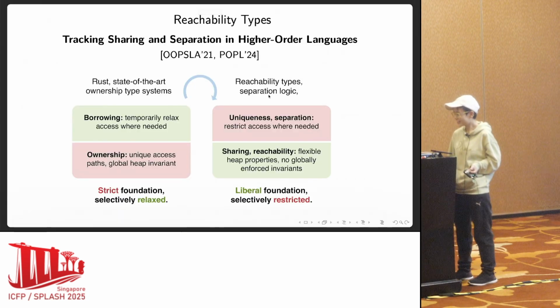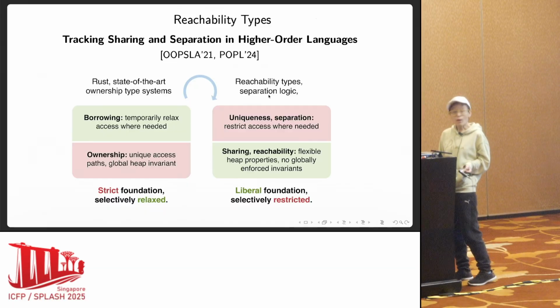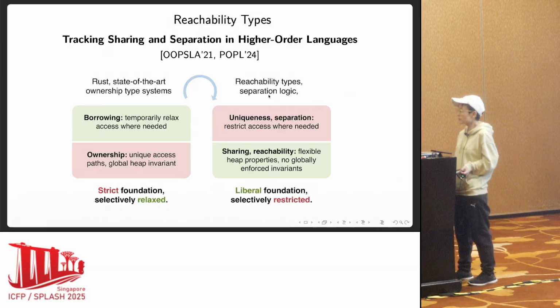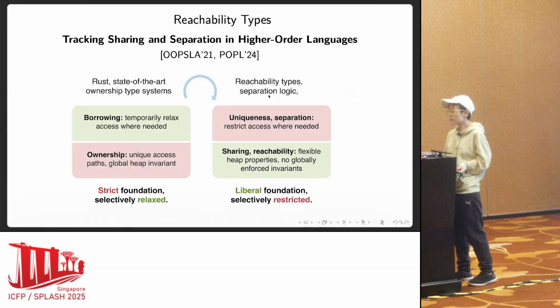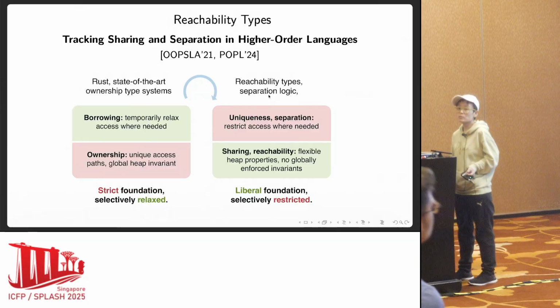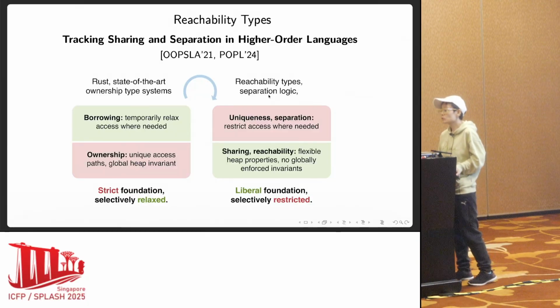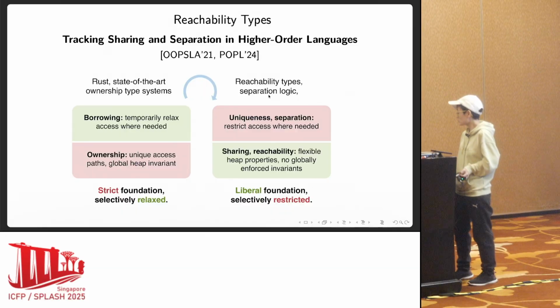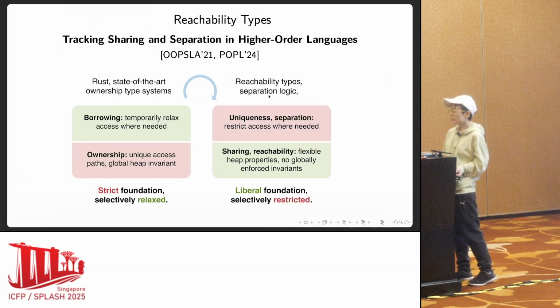So what are the avenues to address these challenges? The promising avenue, I guess, is that we switch from restrictive properties such as unique owners to descriptive properties such as tracking reachabilities.